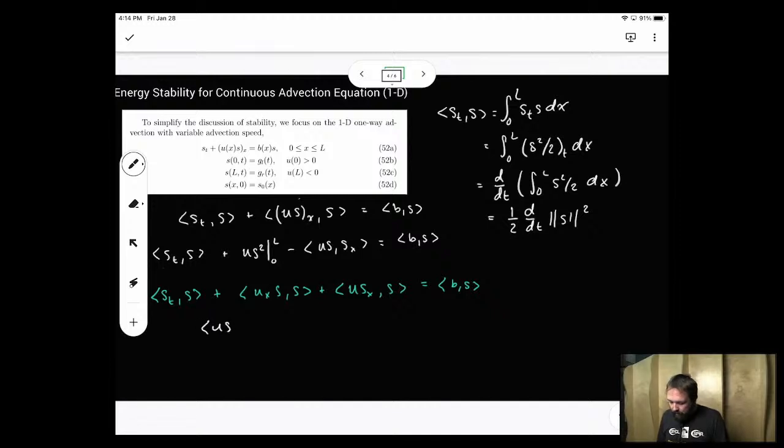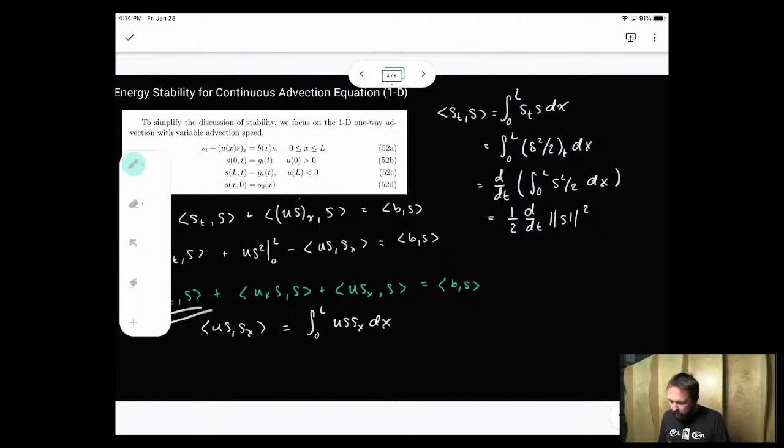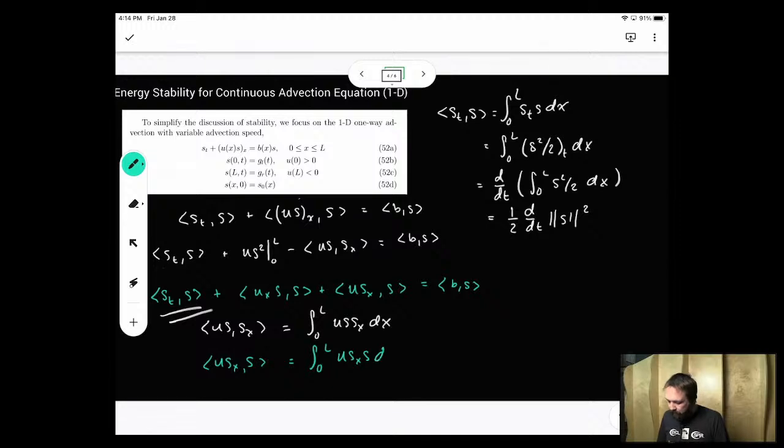So u_s, s_x is going to be the integral from 0 to L of u_s s_x dx, right? And we have the other term, let's go ahead and change colors again. We have u_x times s, right? 0 to L. I get u_s_x times s dx.